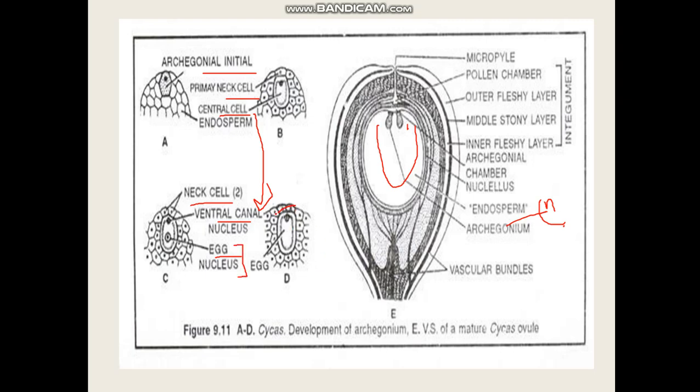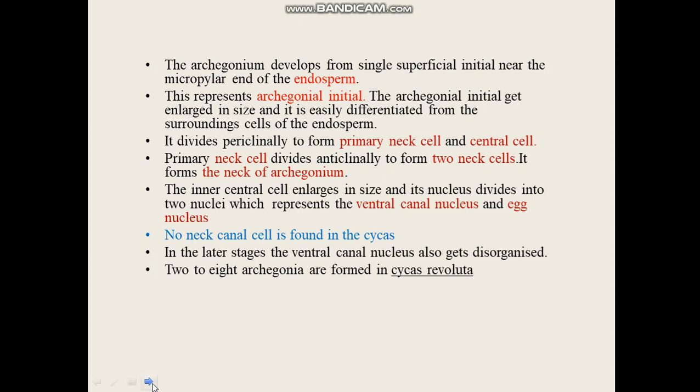This is the archegonium of Cycas, and these are two archegonia you can see. Also, in Cycas revoluta, 2 to 8 archegonia are found. Now these are some points on archegonium development.